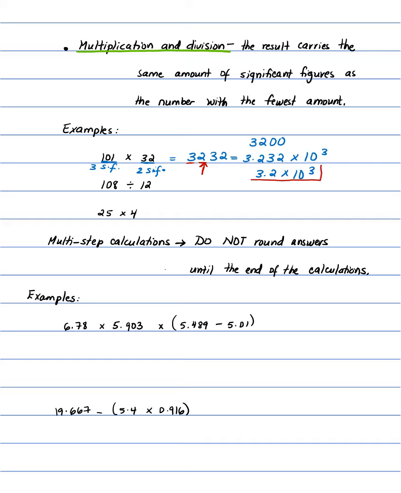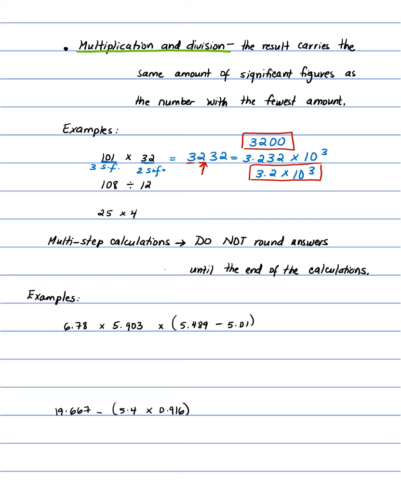So this number here is correct. This number here is correct. So either one is representing the final answer in the correct number of significant digits, not 32.